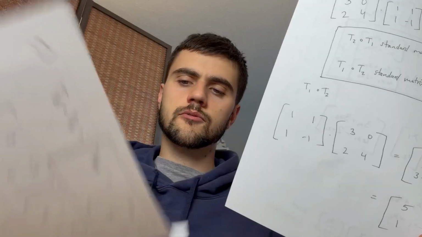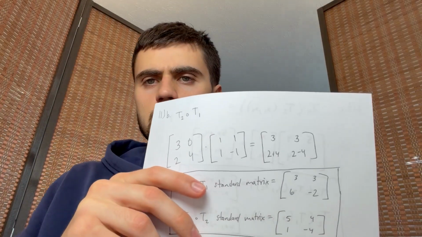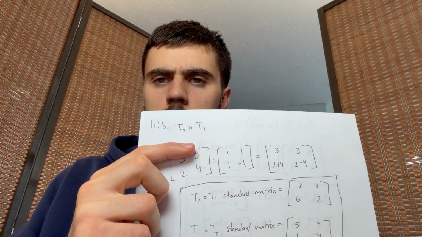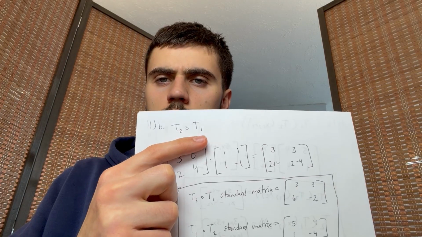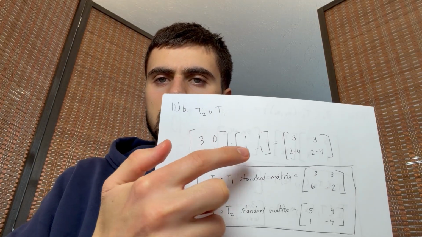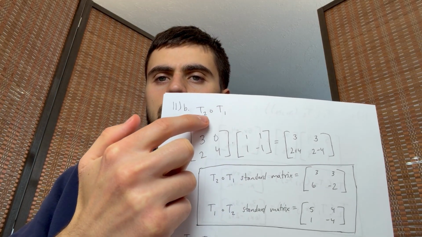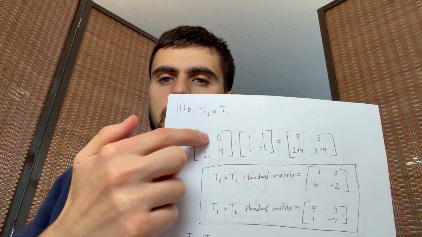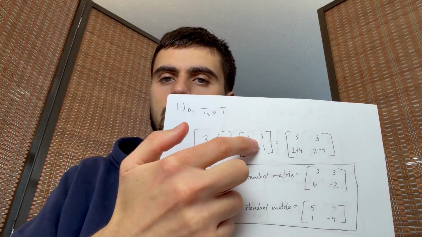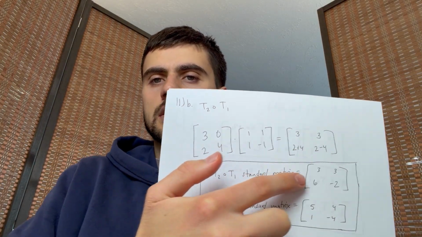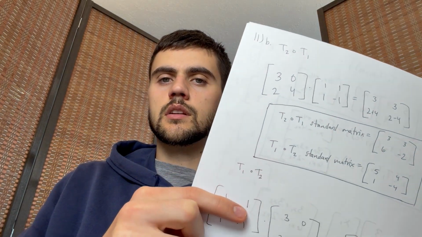And then from there, we're going to use those in part B to find T2 ∘ T1. So I took the standard matrix from T2 times the standard matrix from T1, and the same thing for T1 ∘ T2.